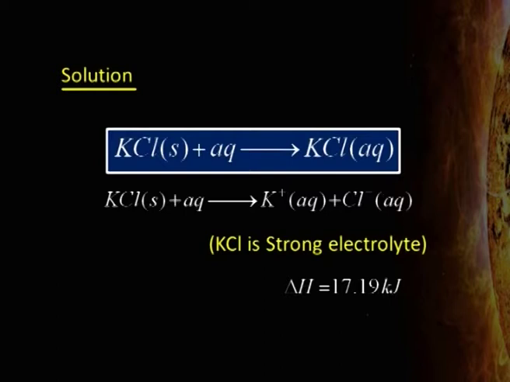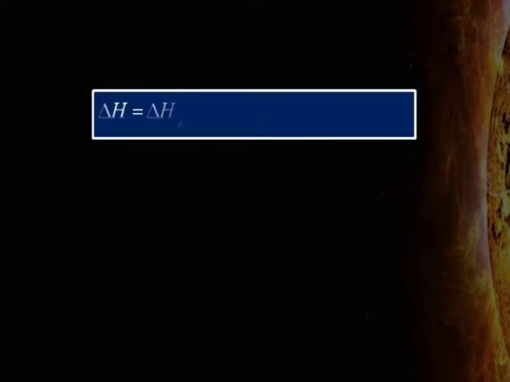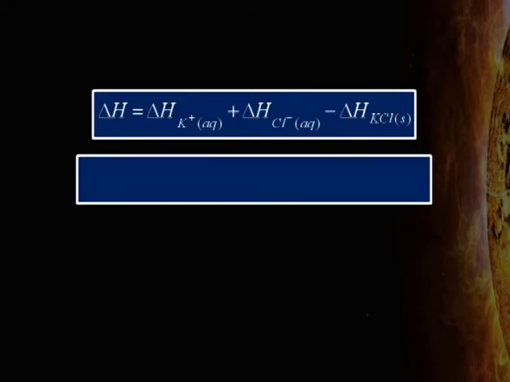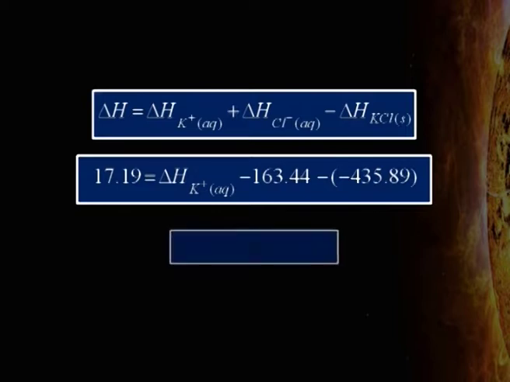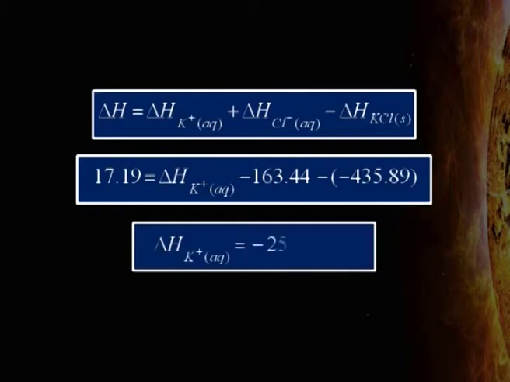Now, delta H for this reaction will be equal to delta H of K plus aqueous plus delta H of Cl minus aqueous minus delta H of KCl solid. Hence, 17.19 will be equal to delta H of K plus aqueous minus 163.44 minus 435.89 kilojoules. Therefore, delta H for K plus aqueous will be equal to minus 251.26 kilojoules.